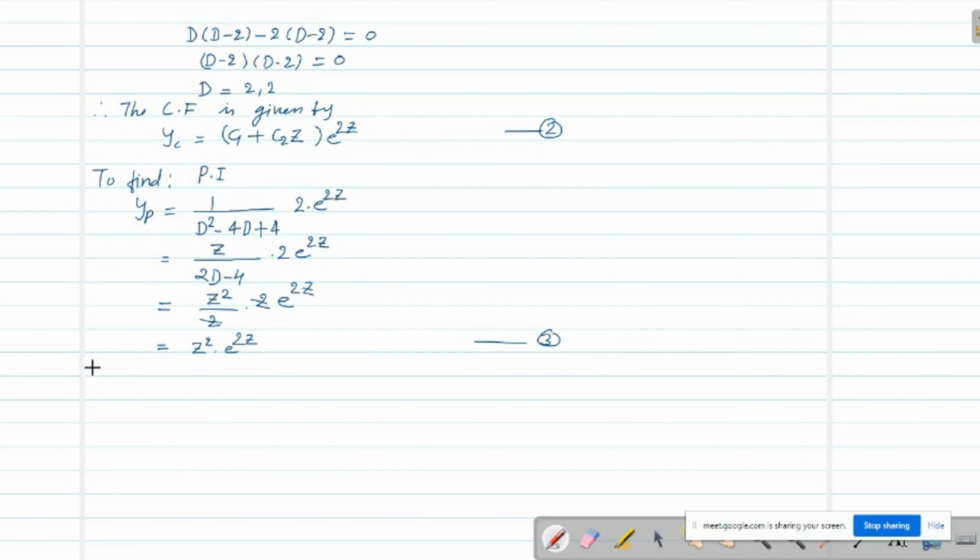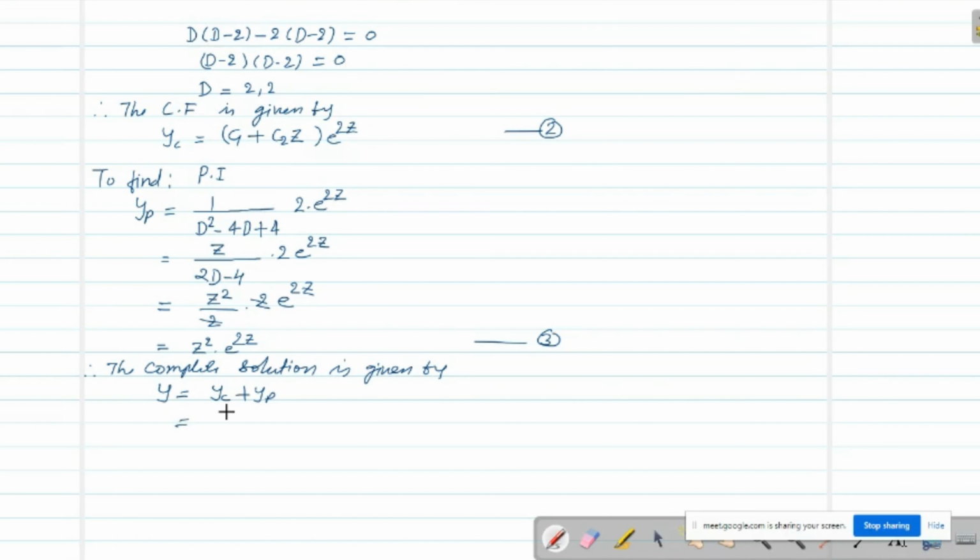Therefore the complete solution, or you can say the general solution, is given by y equal to yc plus yp.